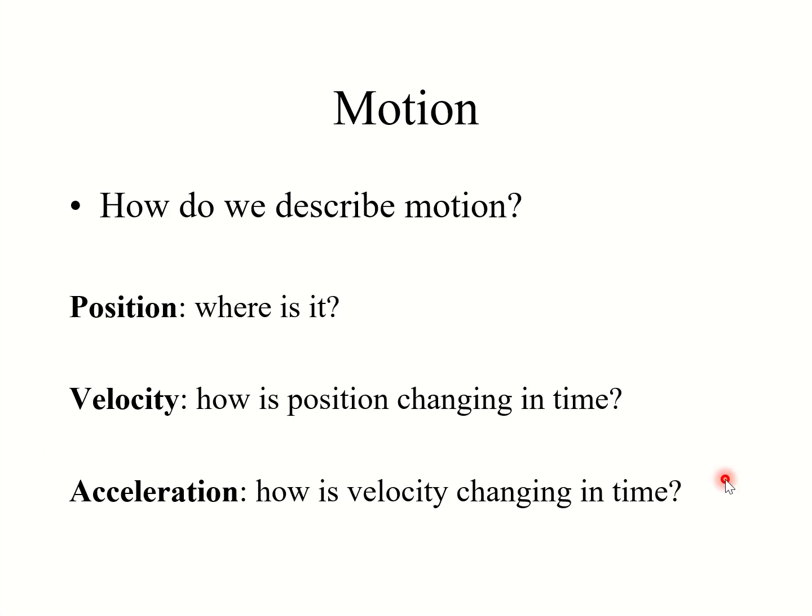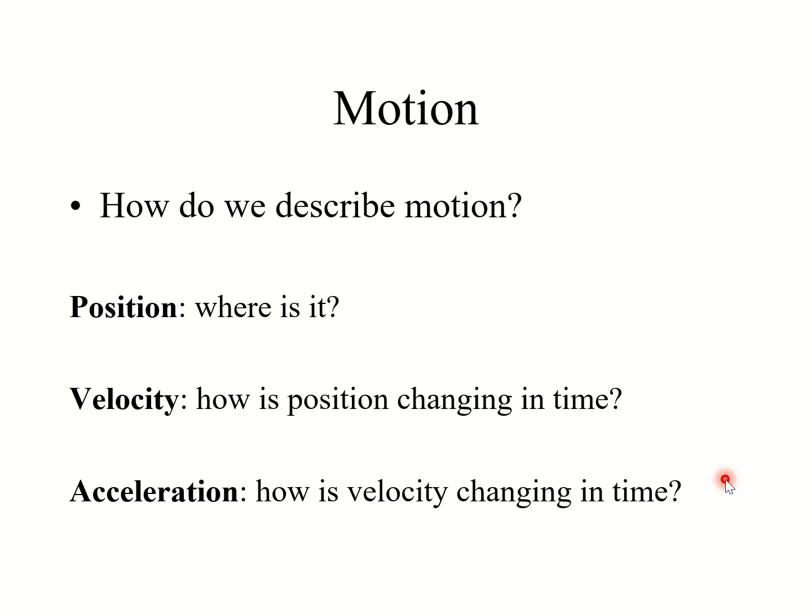And in everyday language, it's rare that when you use a word like velocity, you're explicitly trying to describe that direction as well. But we'll cover that more as we go along. For now, let's just focus on what these words mean: position, where it is; velocity, how that position is changing in time; and then acceleration, how that velocity is changing in time.